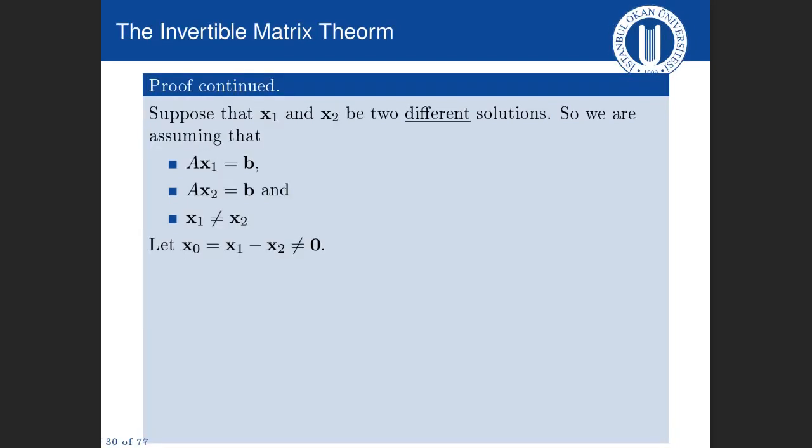And then we're going to define a new vector, x0, to be x1 minus x2. And that must be non-zero. Then Ax0 is the same as A(x1 minus x2), or Ax1 minus Ax2, or B minus B, or 0.